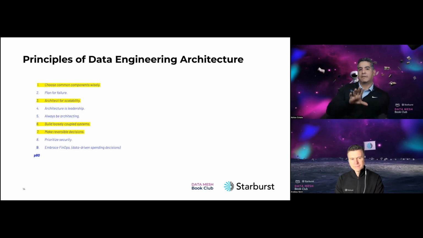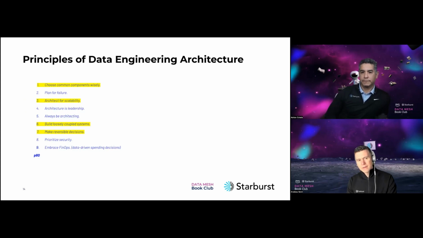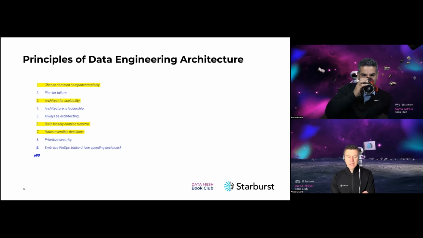But I think that idea of loosely coupled systems goes beyond just the core architecture. Maybe this fits in 6 and 7, but an example here is when you're thinking about data storage. Let's say we put our data into a proprietary cloud data platform. That is difficult to reverse, and it's kind of tightly coupled, right? You're tightly coupling your data with your query engine.